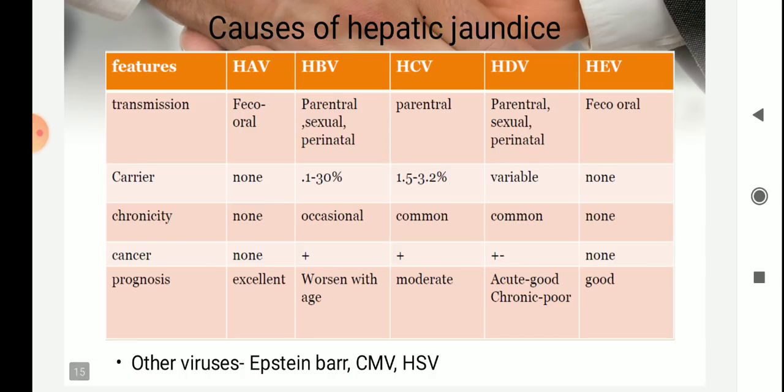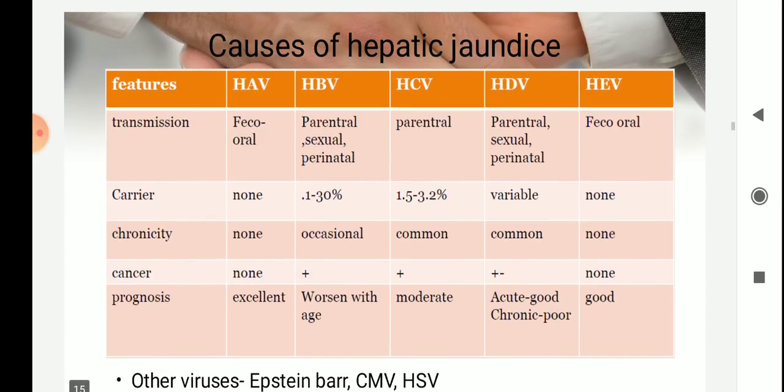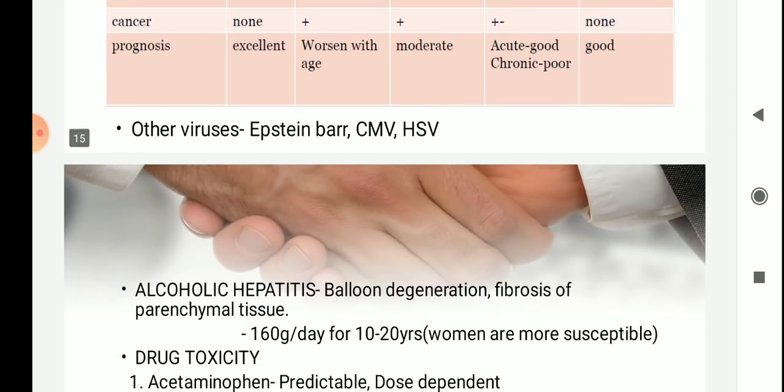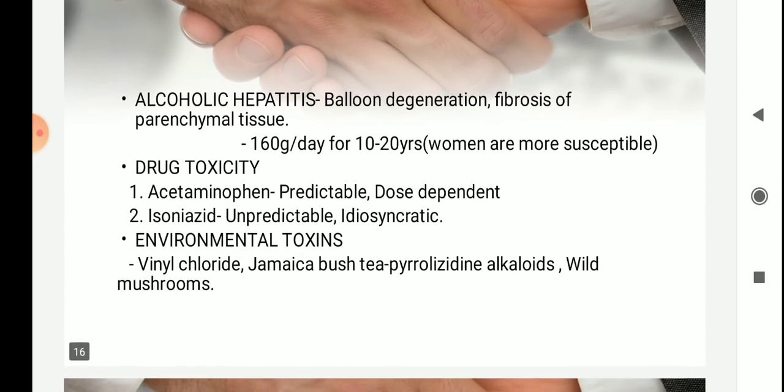As for the carrier state, chronicity and prognosis, it is excellent in HAV, whereas it is poor in cases of HDV and moderate in cases of HCV. So the more lethal one is HCV. Other viruses: Epstein-Barr virus, cytomegalovirus, HSV, herpes simplex virus.